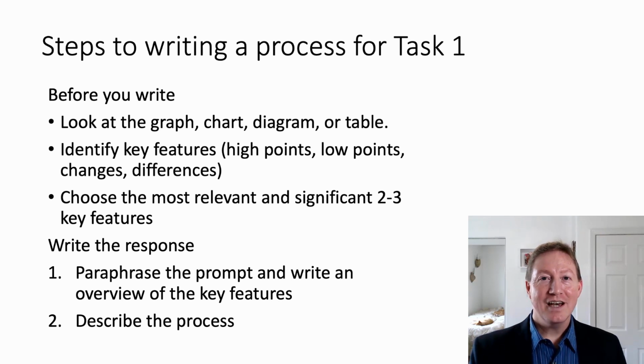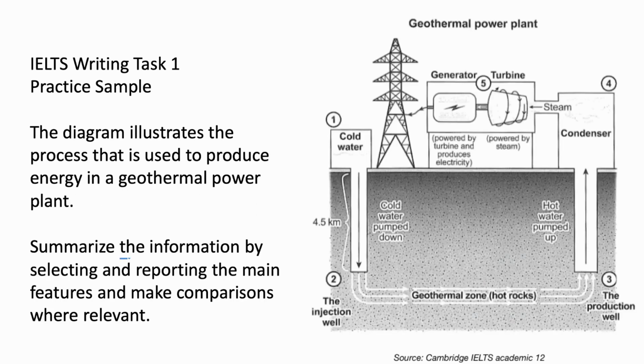Now today we're going to look at a specific example of how to write for a process. So when you write the process for a Task 1 essay, you will paraphrase the prompt and write an overview of the key features of the process. Then you just need to describe the process. Let's see what we have here with this example.